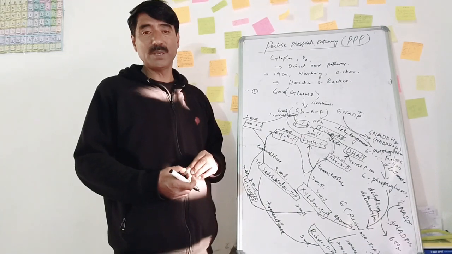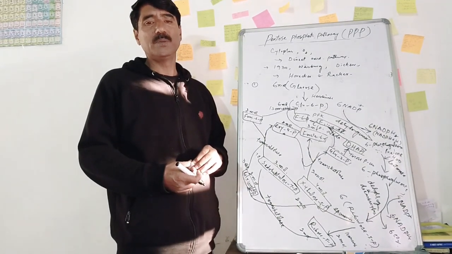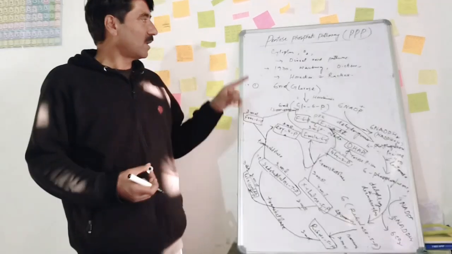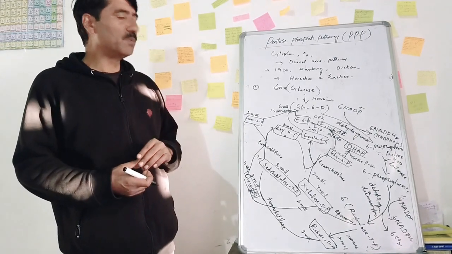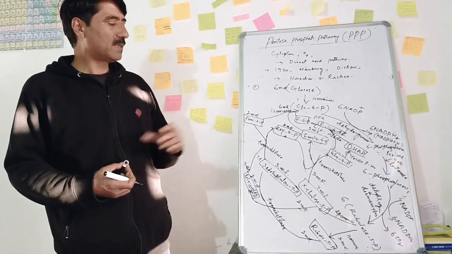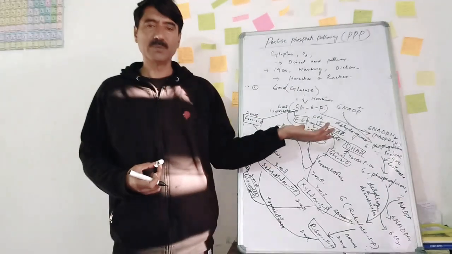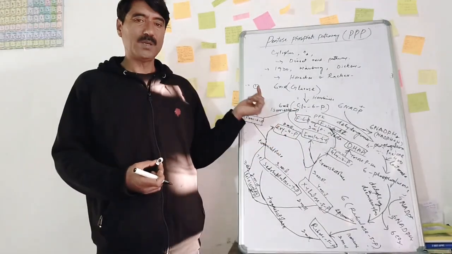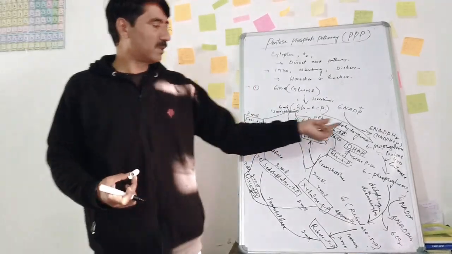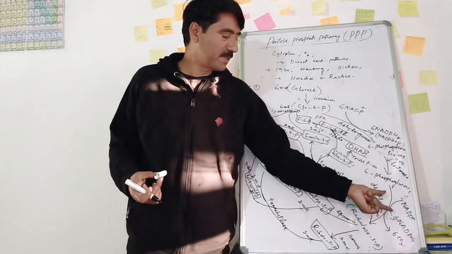That is 38 ATPs. But the significance of this pathway is much more, because besides it can produce energy, it is very important for producing these reduced coenzymes.